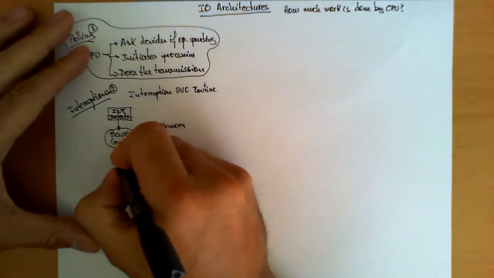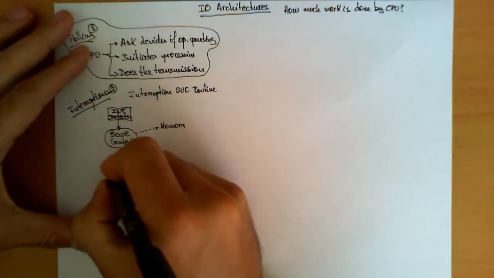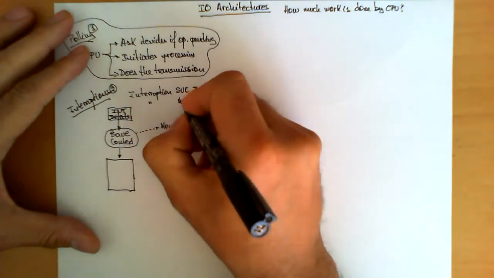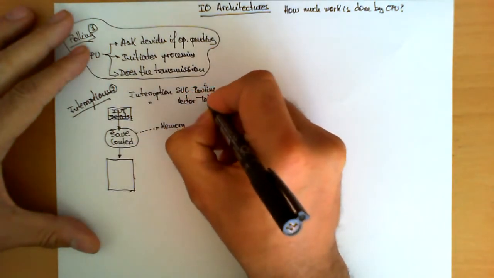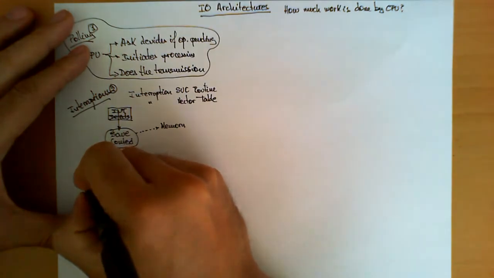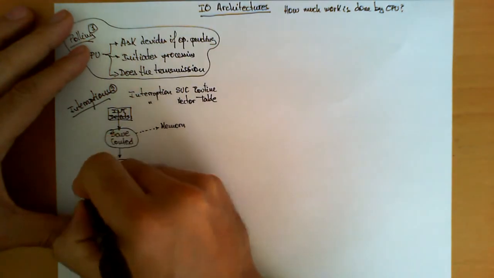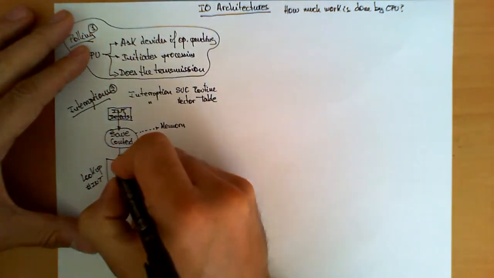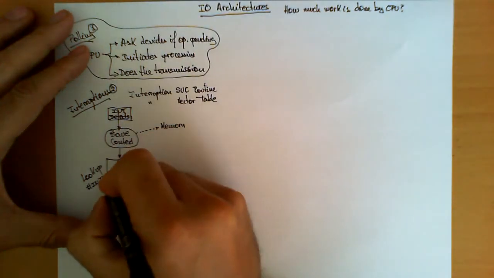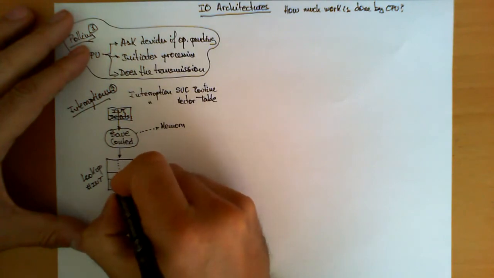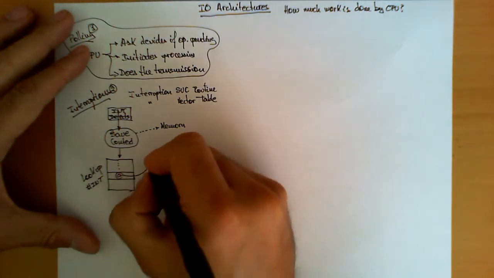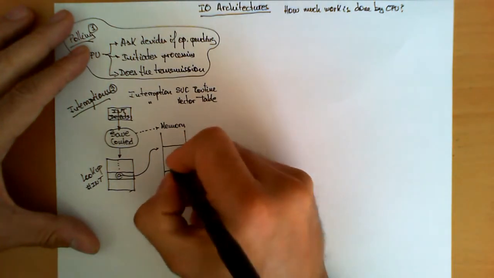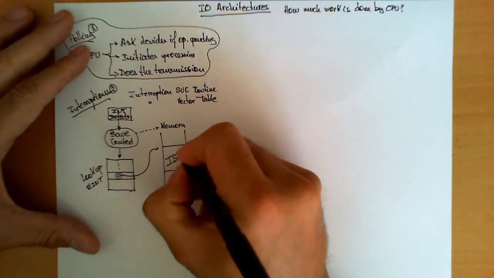Now the next step is one of the most important ones. There is a table which is checked. This table is called the interruption vector table, and it is used to perform a lookup operation in which we use the number of the interruption that was received by the CPU. This table with the lookup identifies one slot, and each slot contains the address in memory in which the interruption service routine is stored.